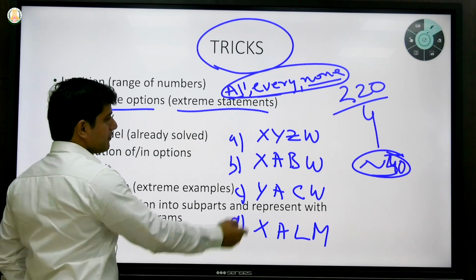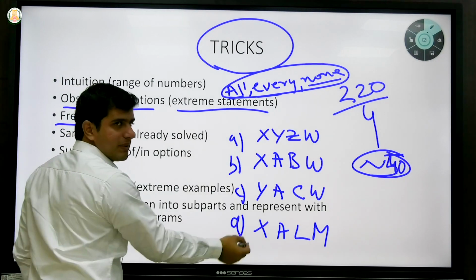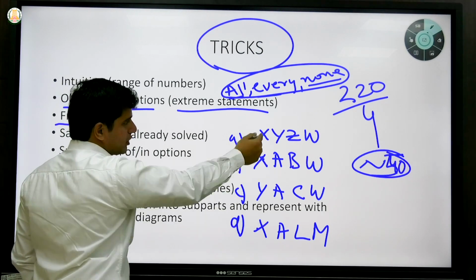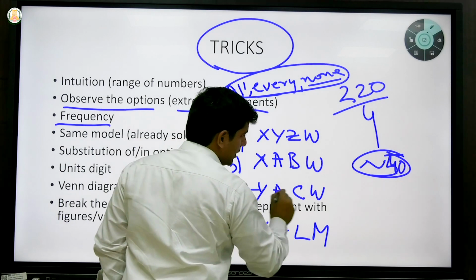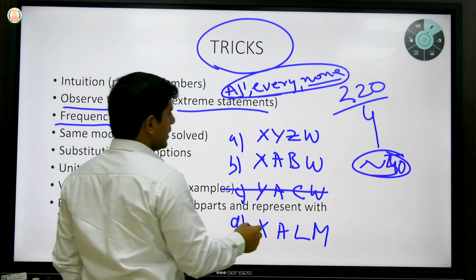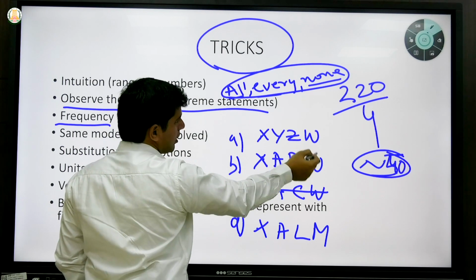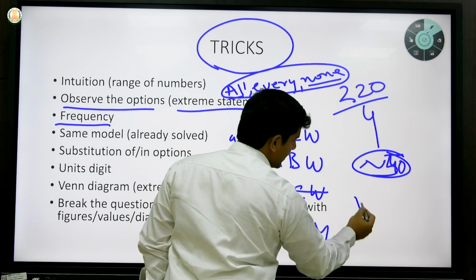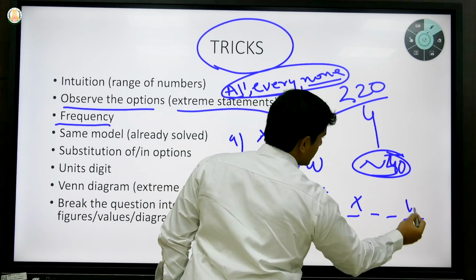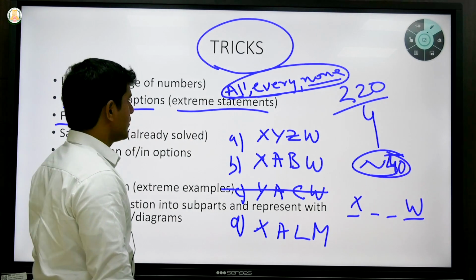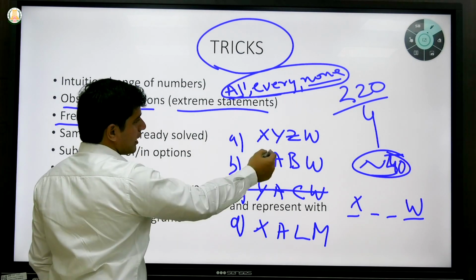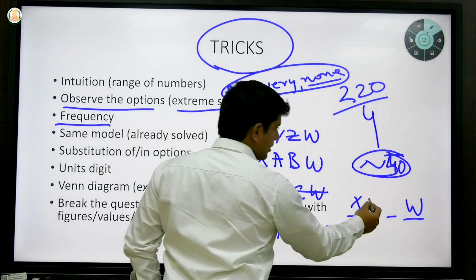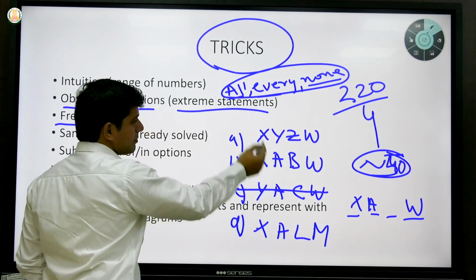In this case, in the first place X is getting repeated in 3 places. So in all likelihood X will be the correct answer because some repetition is there. Next, in the last position, W is repeated 1, 2, 3 times, so maybe the final place should be W. The second position says A and Y, so maybe my position would be A, because A is repeating thrice.